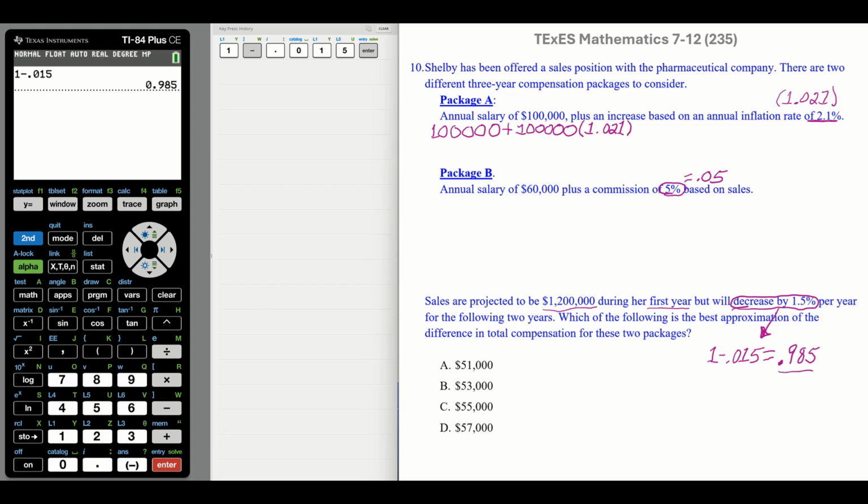Okay. That's year 1, year 2. Year 3. 1, 2, 3, 4, 5. Now, here's the difference. You will get an increase.